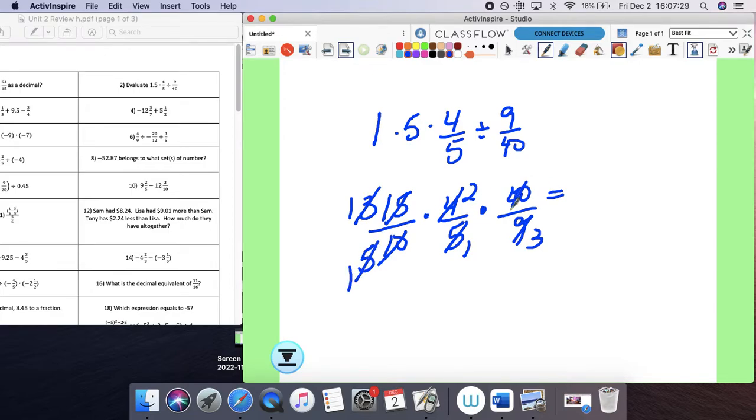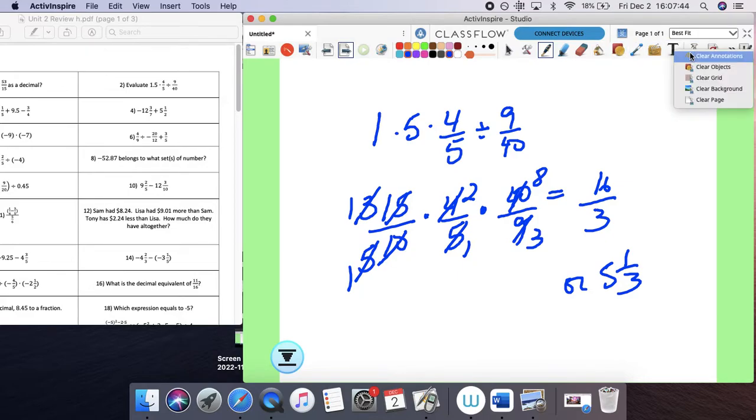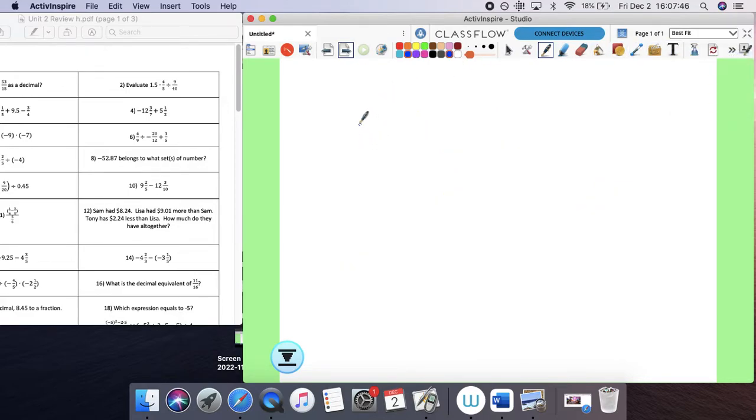At the top, I have a 2 and an 8, and at the bottom, I have 1, 1, and 3. That looks like this, or 5 and 1/3.